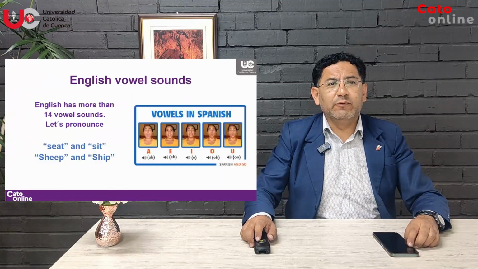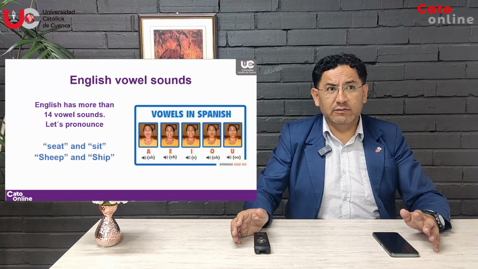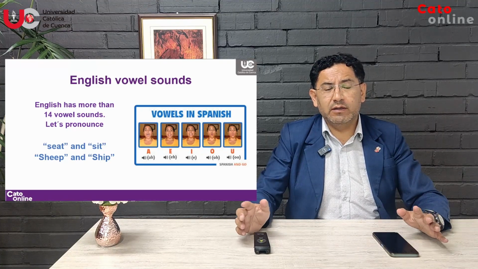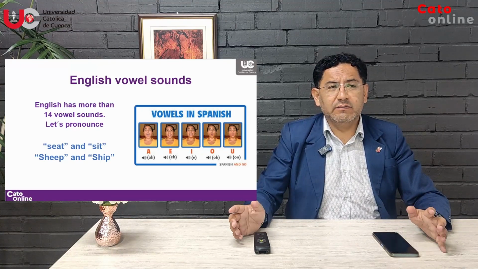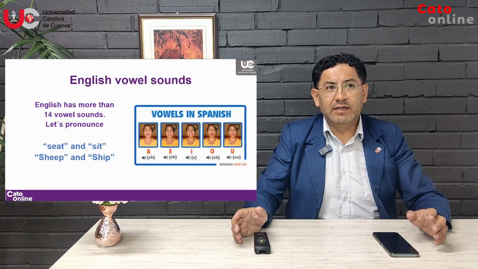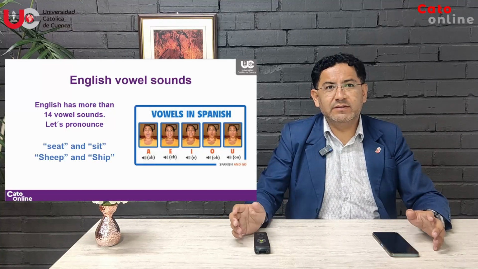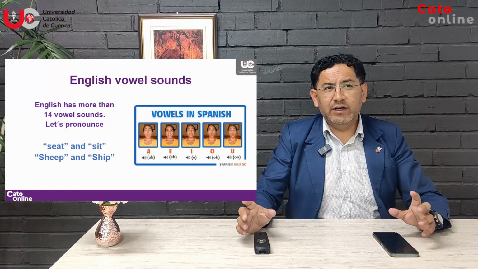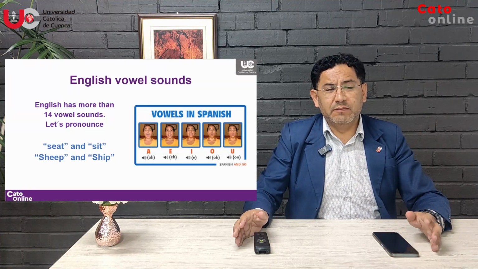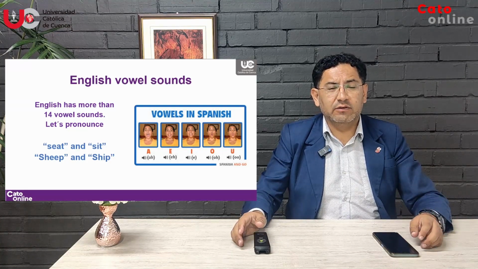Next, we are going to talk about English vowel sounds. For example, in English, we have 14 vowel sounds. For example, sit, sheep. Okay? We have to master this pronunciation in order to avoid misunderstanding, in order to talk in an accurate way.